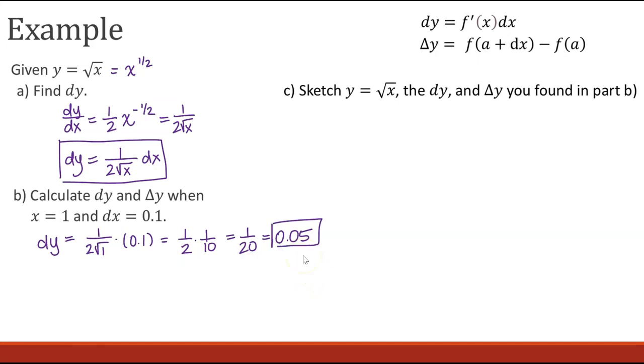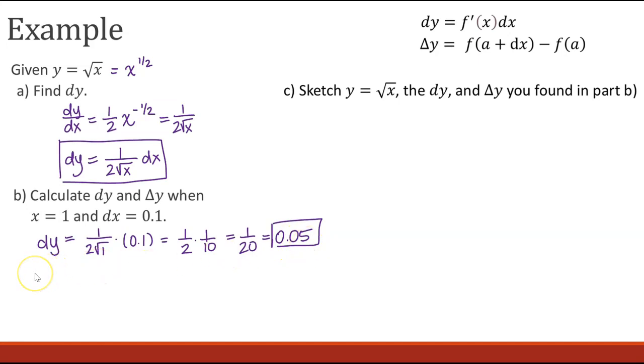So this is the approximate change in y. When you start at an x value of 1 and you increase it by just 1/10, it turns out that the corresponding approximate change in y is 0.05, or 5/100ths.